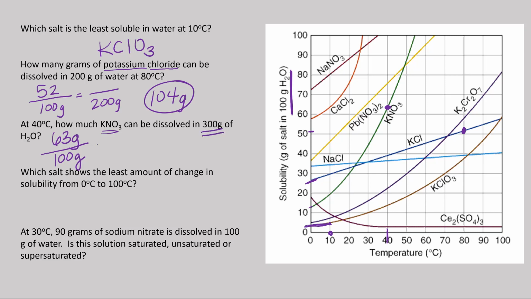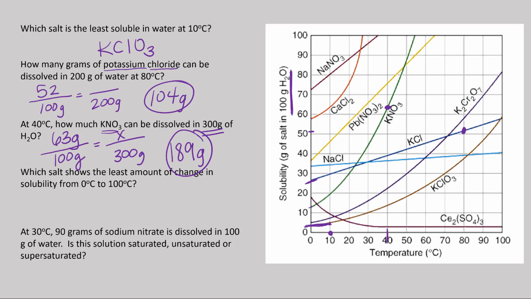But this is in 300 grams of water. So you can solve it as a proportion if you feel like it, or you can just multiply it by 3. And so that would be 189 grams of potassium nitrate.